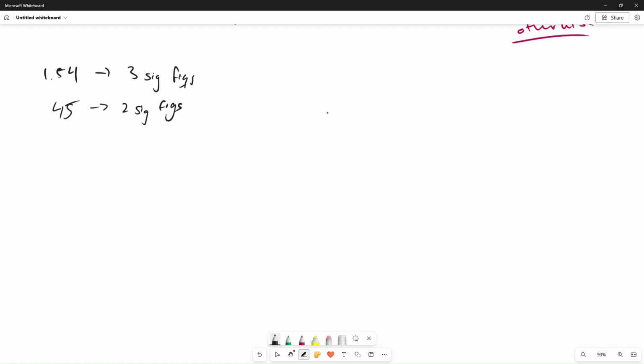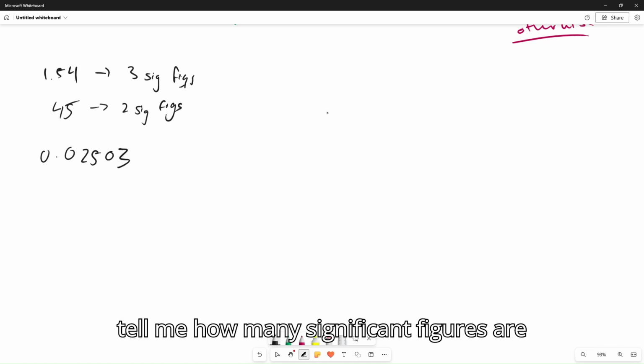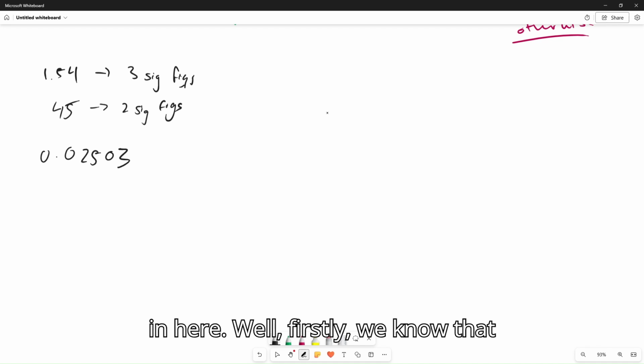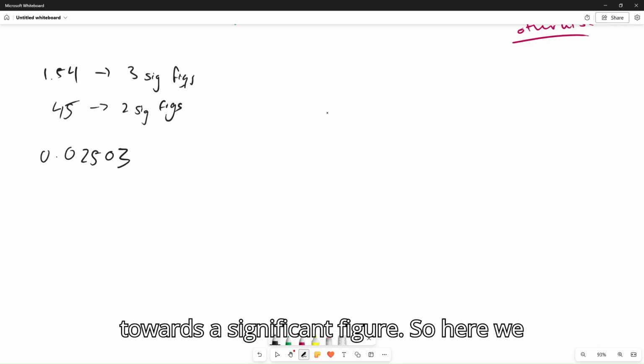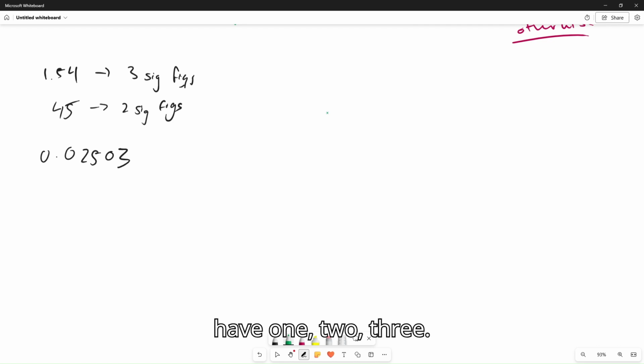Next, if I give you 0.02503, tell me how many significant figures are in here. Well, firstly, we know that non-zero integers are going to be counted towards significant figures. So here we have 1, 2, 3.